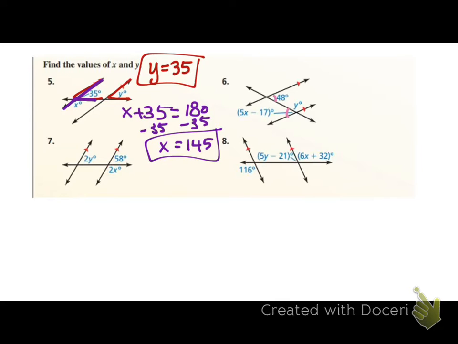So that means 5x minus 17 equals 48. So if they equal, we're going to add 17. 5x equals 65. Divide by 5. And x equals 13.